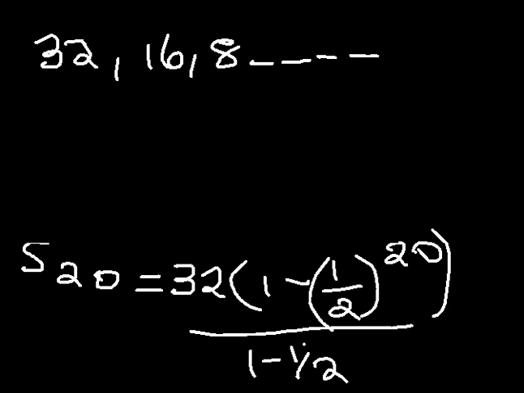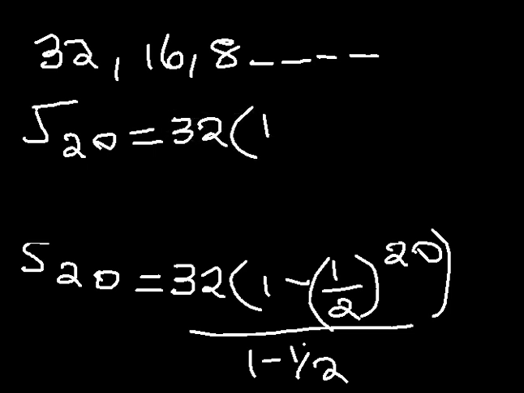So we are looking for the sum of 20 terms, which is equal to 32, times 1 minus 0.5 to the power 20, because 1 over 2 is the same as 0.5.